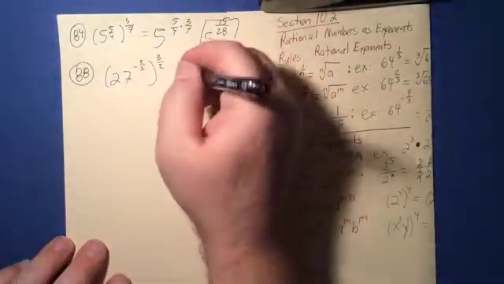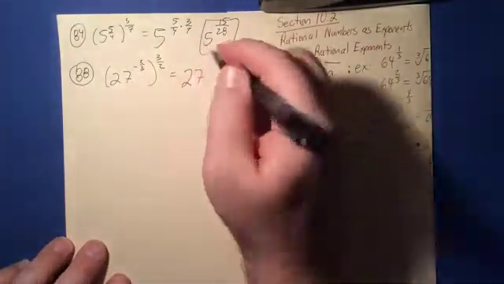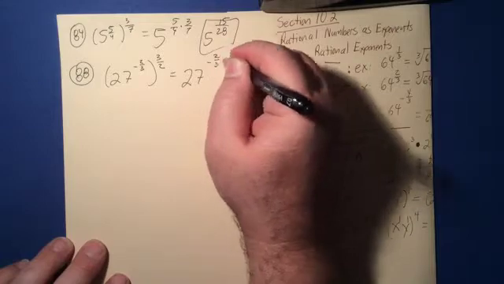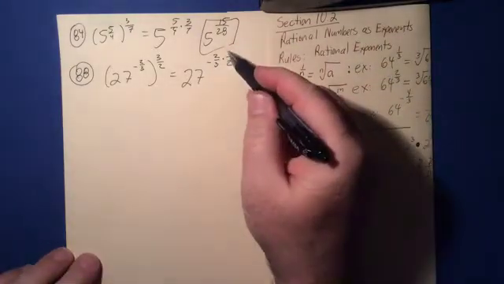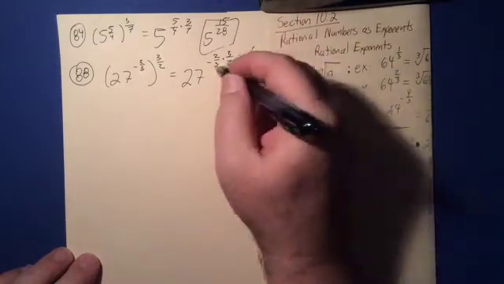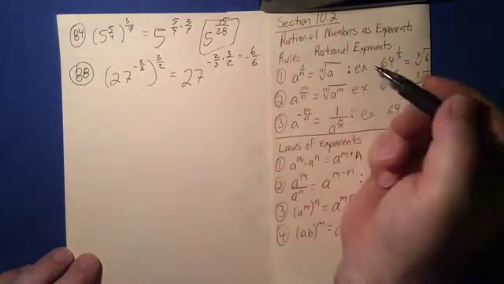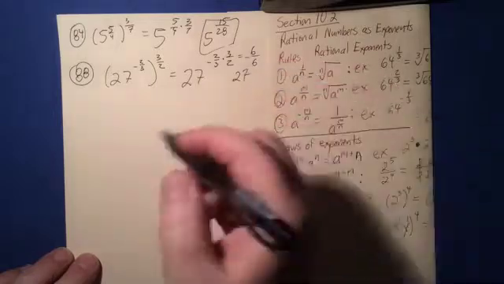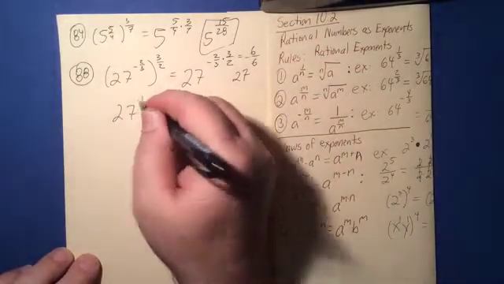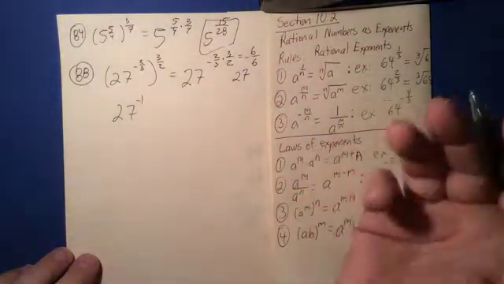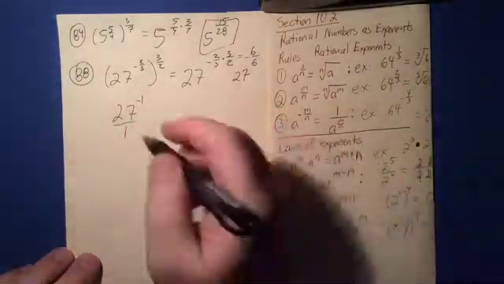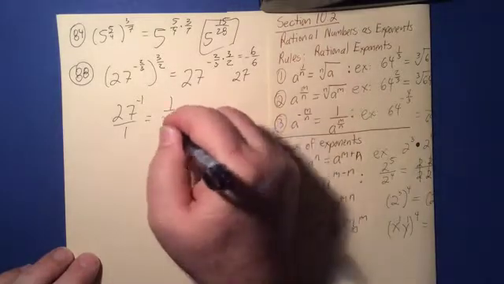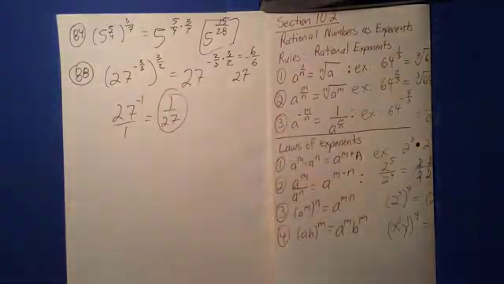So I can write this now as 27 to the -2/3 times 3/2. And if you're following along, 2 times 3 is equal to 6, 3 times 2 is equal to 6. Well, this is all going to give me 27 to the -1. Well, I need to express my final answer without a negative. So at that point, now I can go ahead and flip this and make this 1/27. And I now have my answer in simplest form.